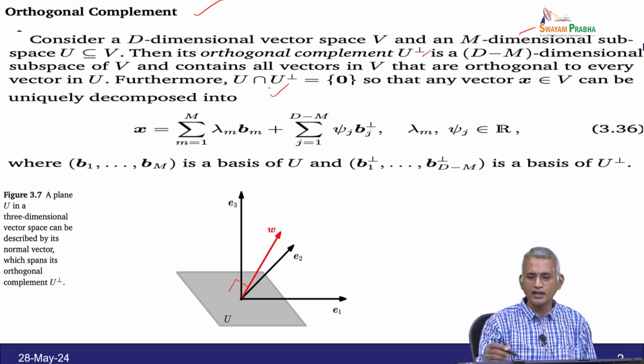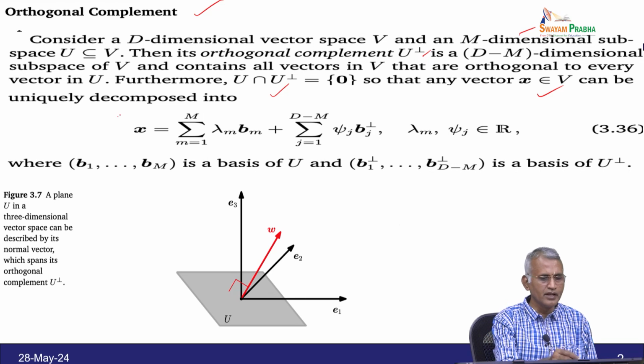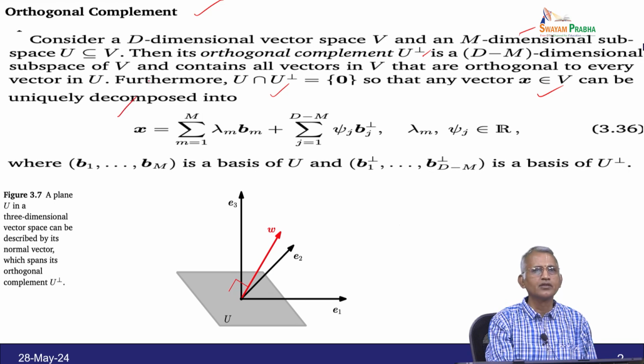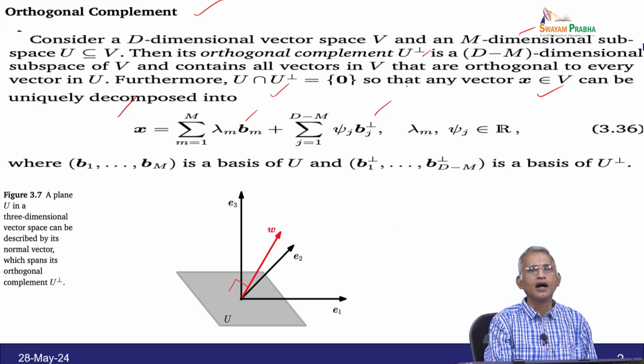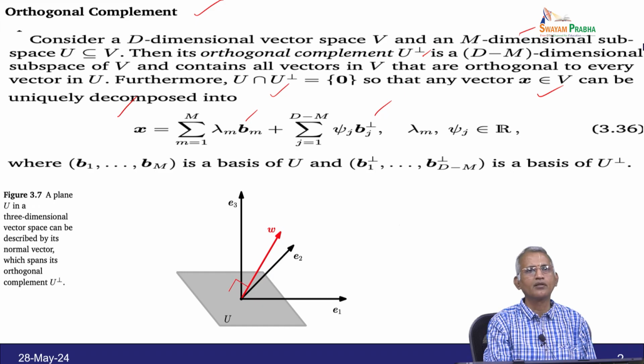Any vector x in V can be uniquely decomposed into x equal to summation m equal to 1 to m lambda m bm plus summation j equal to 1 to d minus m psi j bj complement, where lambda m and psi j belong to R, where the vectors b1, b2 and so on bm are the basis of U, and b1 complement and so on up to b suffix d minus m complement are the basis of U complement.